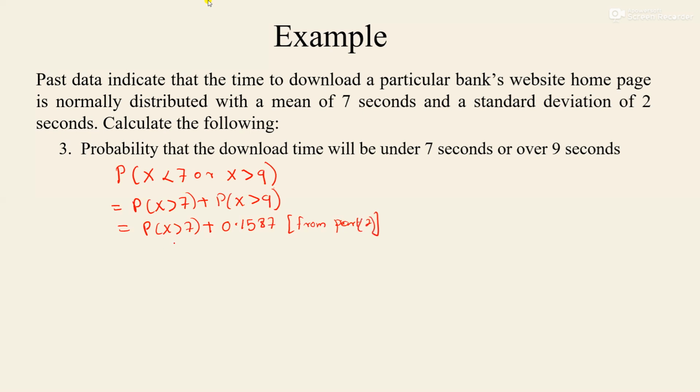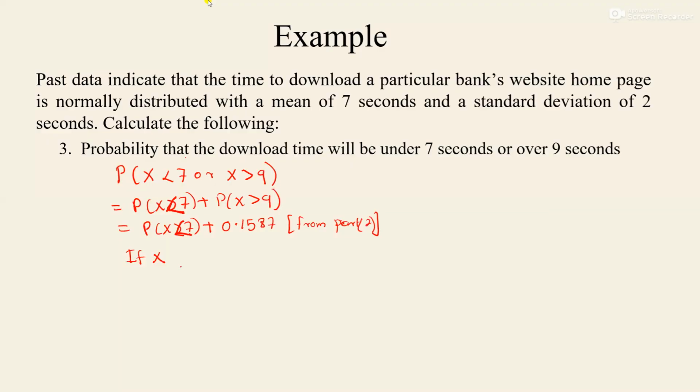Now we have to calculate the probability of X less than 7. So we have to calculate the corresponding z value. Thanks for the correction, it is X less than 7. Sorry for the error.